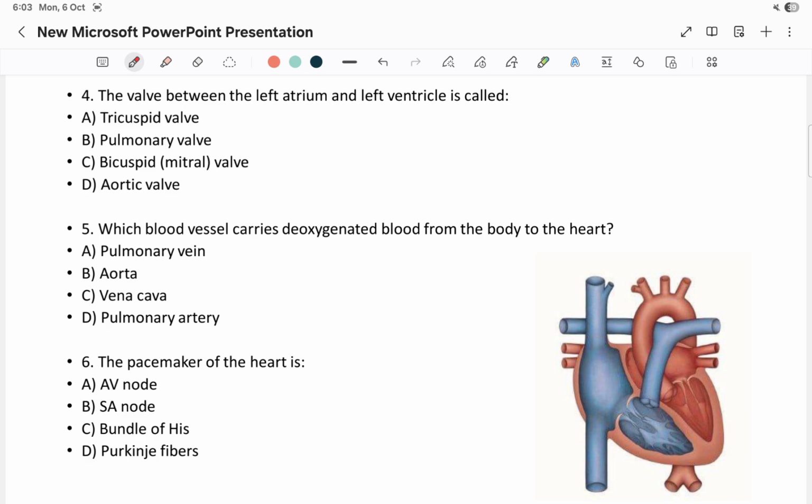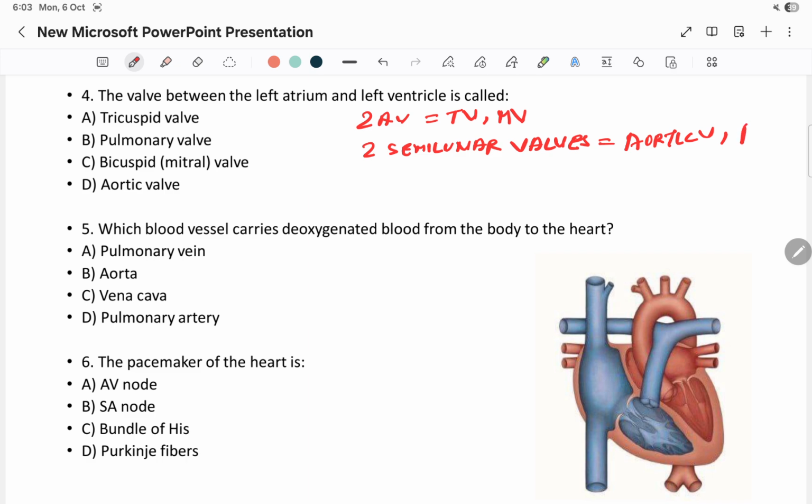We have 4 valves in the human heart: 2 AV valves, known as the tricuspid valve and the bicuspid valve, also known as the mitral valve, and 2 semilunar valves, the aortic valve and the pulmonary valve.